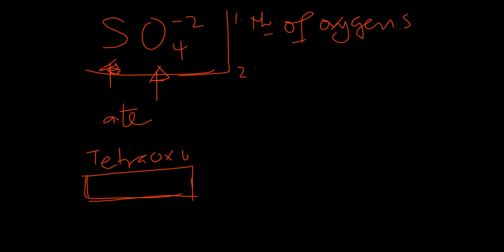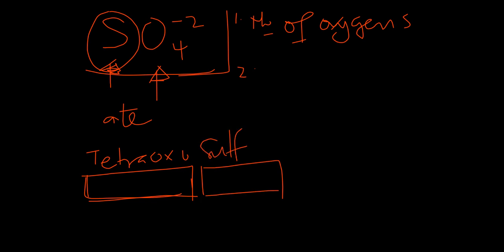So you name this aspect of the oxo-anion in its ate form. So here it should be sulfate, and that will be in this box. So that's the next thing you do: name the second part of the oxo-anion.